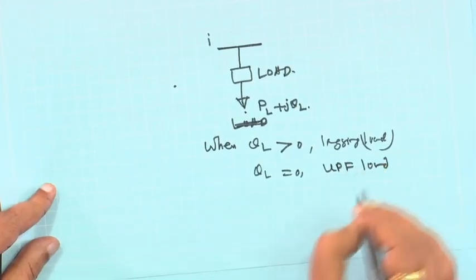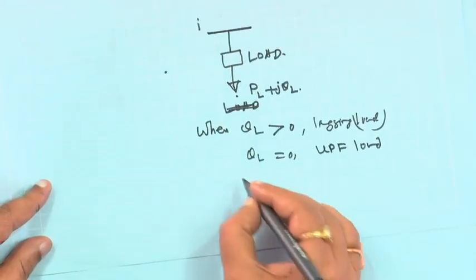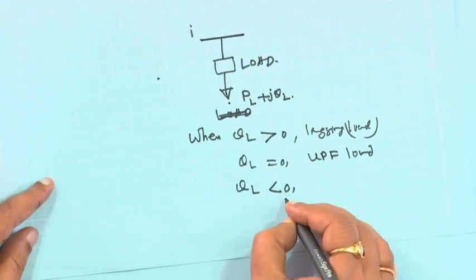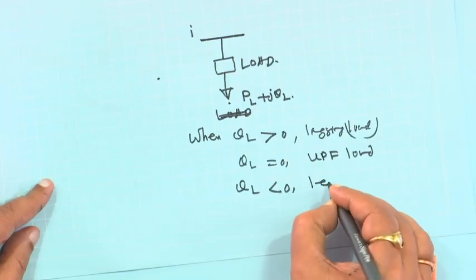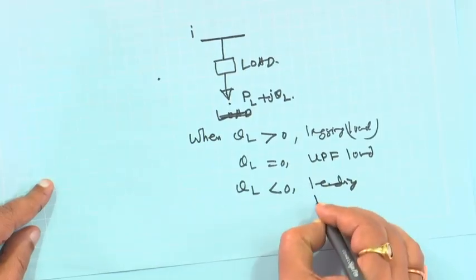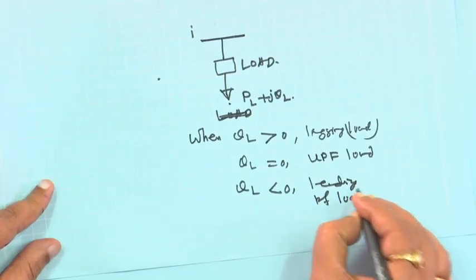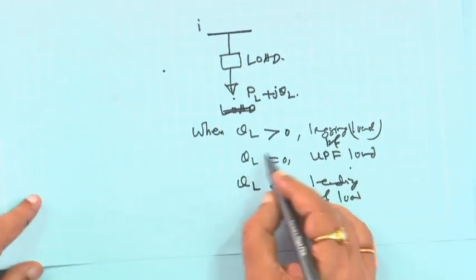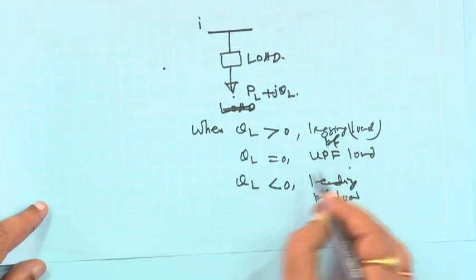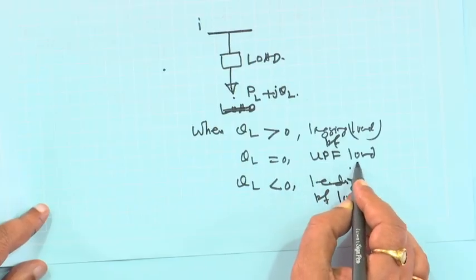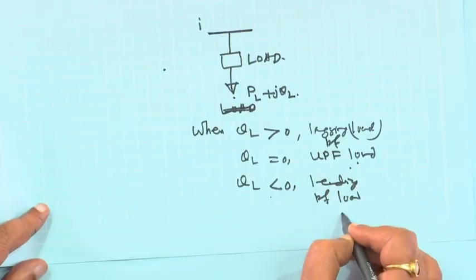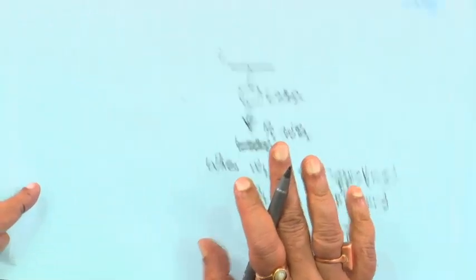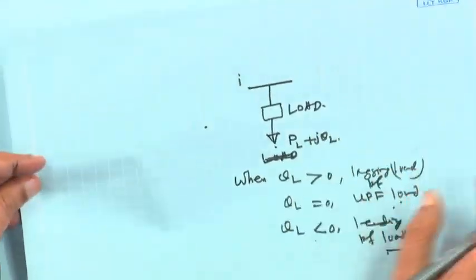And when QL is negative, less than 0, it is a leading power factor load, right. So this is from the load point of view, right.